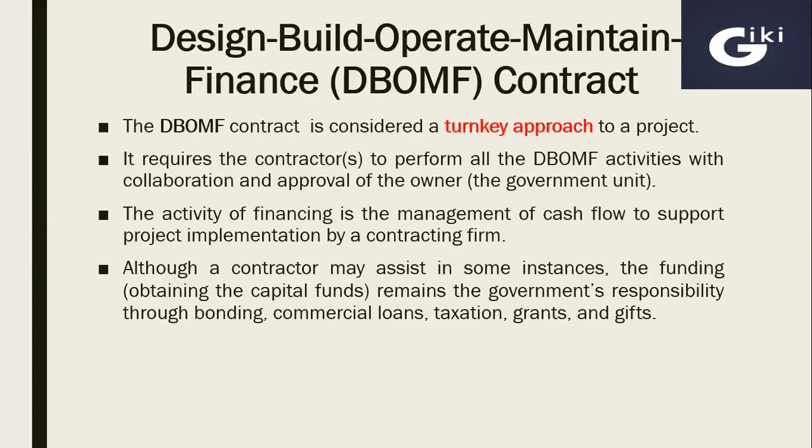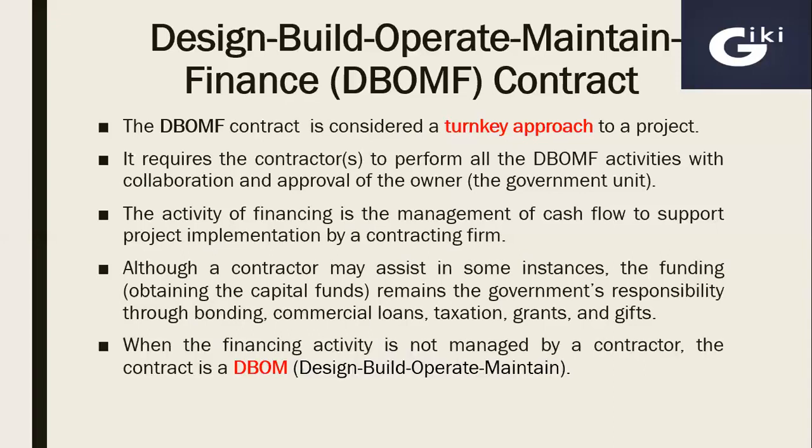From this discussion, we can conclude that if we have a type of contract in which the contractor is required to design, build, operate, maintain, and finance the project, this kind of contract is known as a design, build, operate, maintain, finance contract, because everything is the responsibility of the contractor.